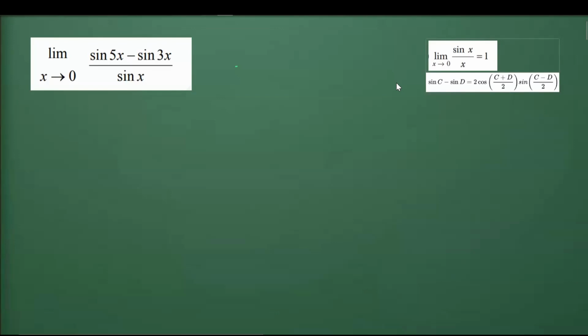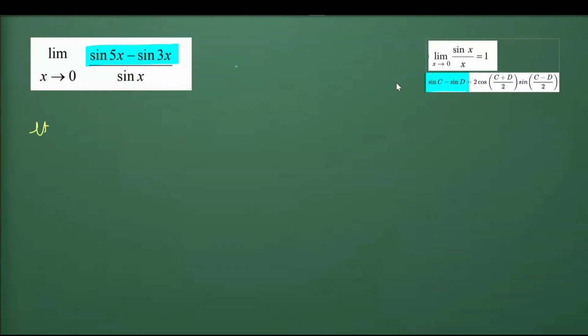The question is to evaluate this trigonometric function for limit x tends to 0. Now from the question, it is very clear that we are going to apply sine c minus sine d identity in the numerator. So let's begin with that. We have a limit here, x tends to 0.